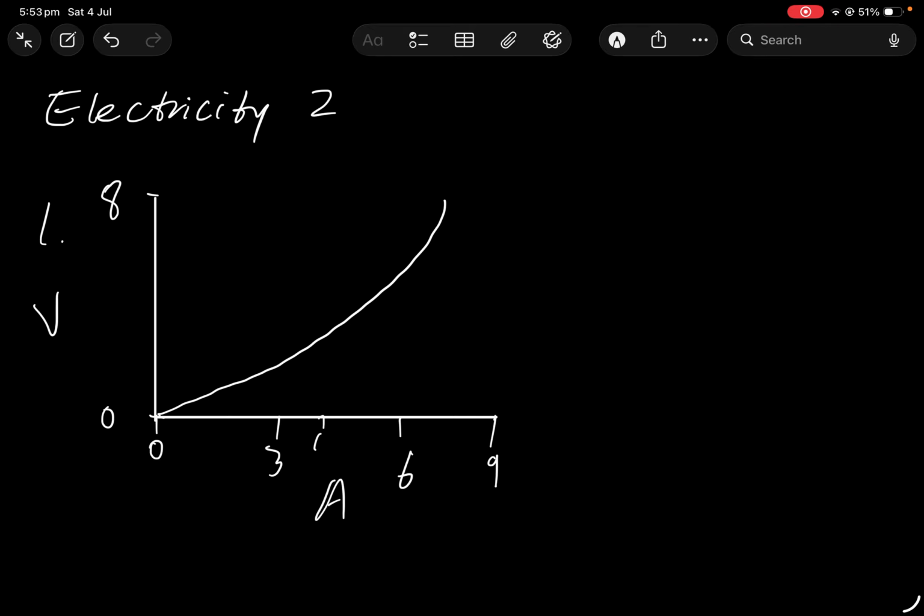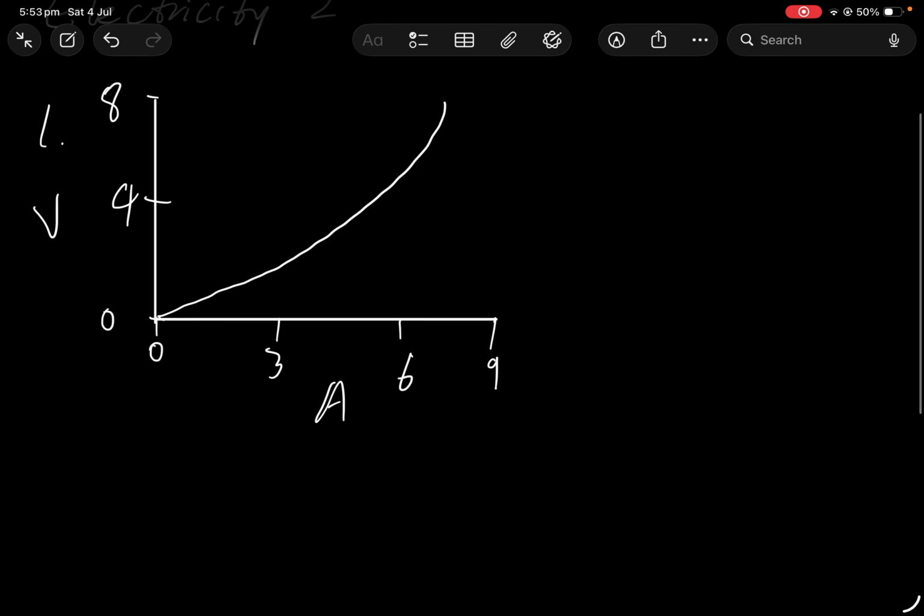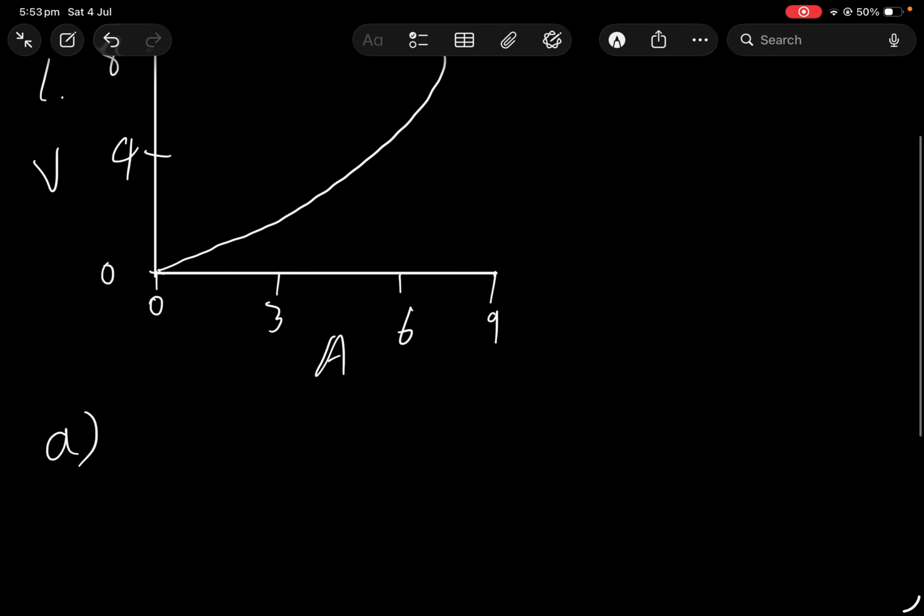So 4 is around here, goes like that. So at 6, it's at 4. Yep, that looks right. So part A asks us, over which current range does the component act as an ohmic conductor?